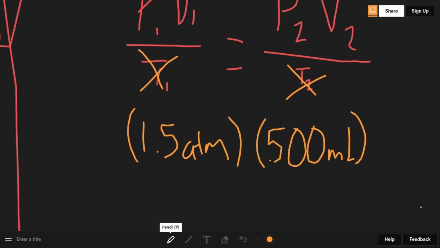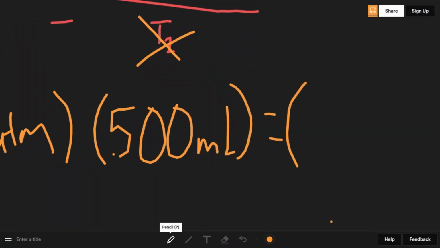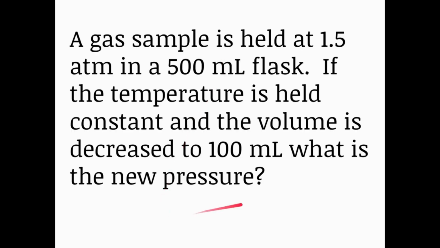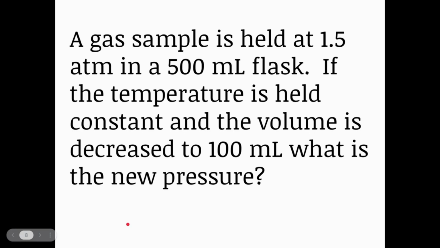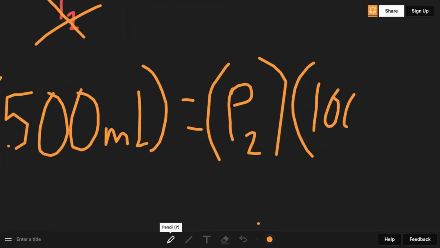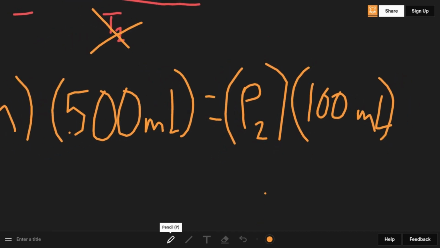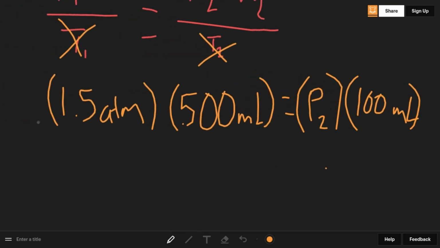And now we set that up to be equal to the new pressure, which is P2, and that's what we want to find because it says what is the new pressure. That's this times the volume, since the new volume has decreased to 100 milliliters. And since our units are the same, milliliters, and since we have ATM over here, this means that we're gonna have our pressure answer in ATM.